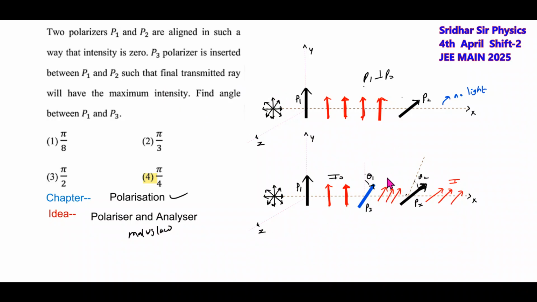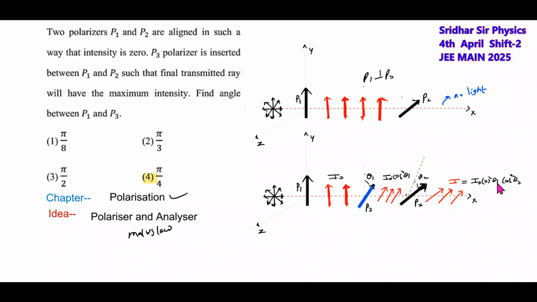So what is the intensity at this point? It will be I naught cos square theta 1. Then the intensity after this will be I naught cos square theta 1 cos square theta 2, because the polarizer P2 will make an angle theta 2 with P3, and P3 will make an angle theta 1 with P1. So this is Malus law.